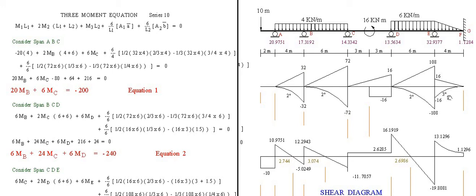On the right, consider this as a simple beam. The total load here is 1/2 of 6 by 4, 24, divided by 2 is 12.